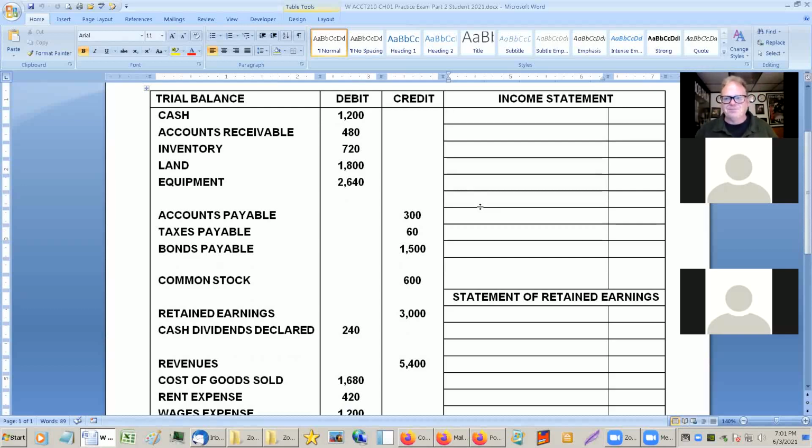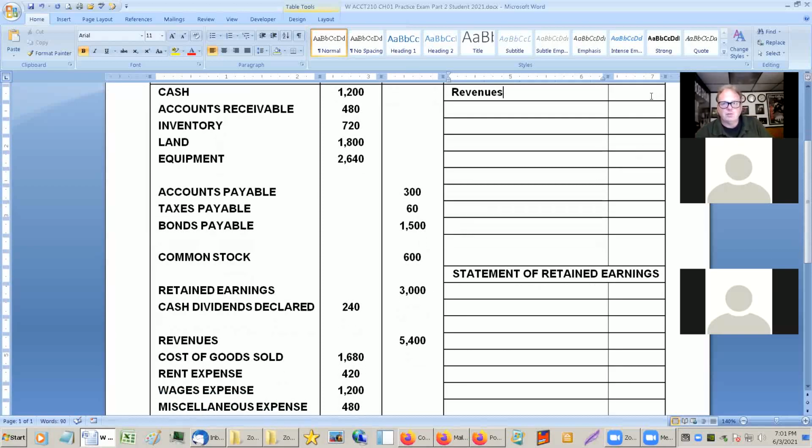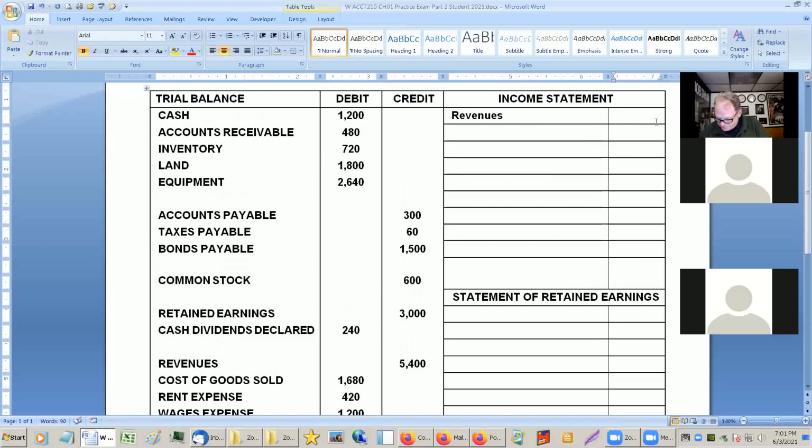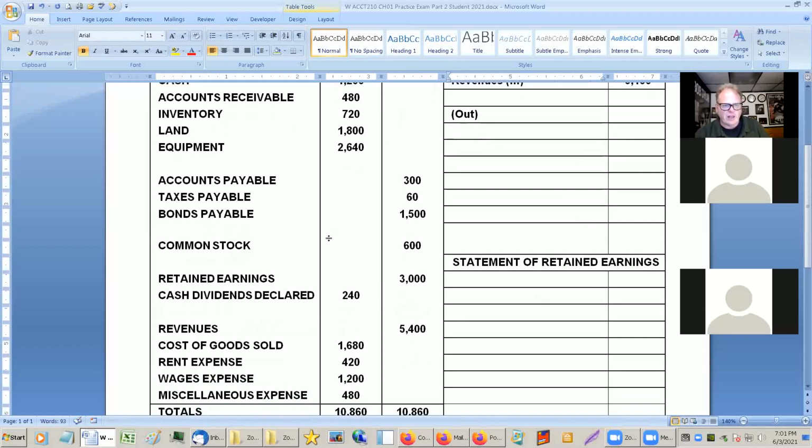We start out with an income statement. Revenue? Yep, we have revenue. So this is money coming in, 54. Revenues are money coming in, and the rest of these are going to be money going out. The one that's kind of quirky, and we talked about last time, is cost of goods sold.